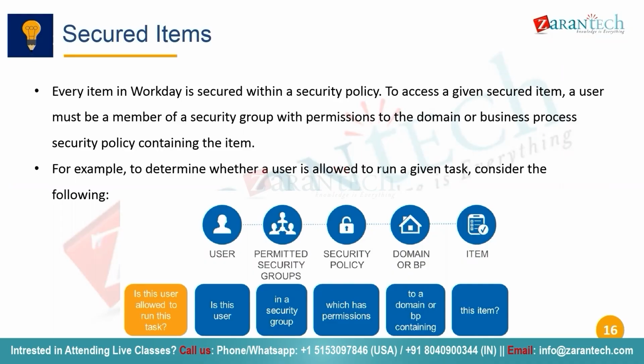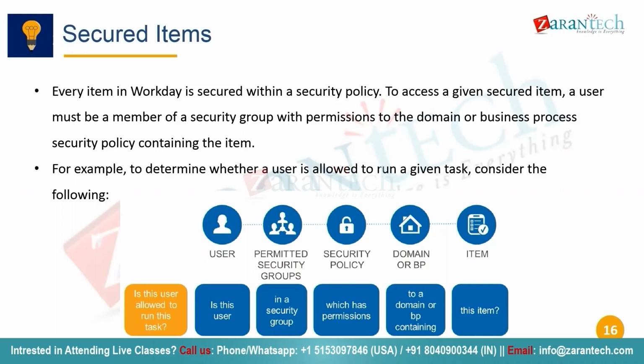Okay. So every item in Workday is secured within a security policy. What it is telling is, for example, any field, anything is under a security policy. The access is technically a secured item, and a user. So imagine a connection between the gym and someone waiting outside the gym.